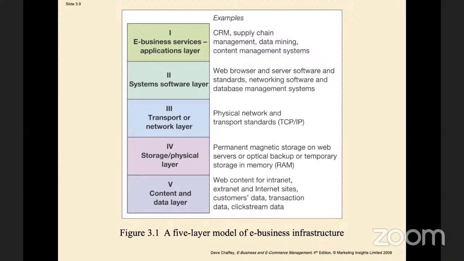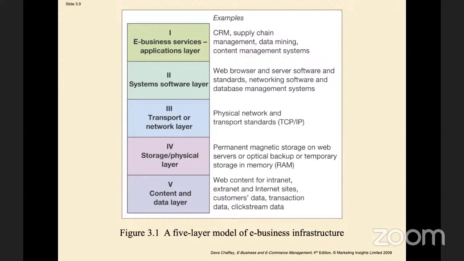Now we see each one with an example, like the e-business service and applications layer. Here come customer relationship management, supply chain management, data mining, content management systems. In the system software layer, what comes is web browser and server software and standards, networking software and database management systems.